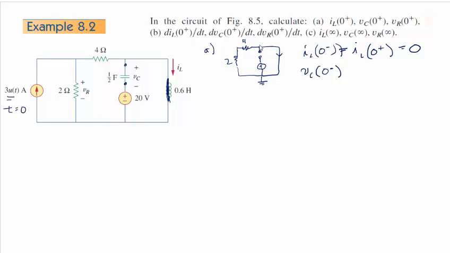Therefore, I must go down 20 volts right here. This is open, but I've got to be back at 0. So voltage across the capacitor must be minus 20 volts, which also equals, because there's no instantaneous change of capacitor voltage, the voltage at the capacitor at time 0 plus.